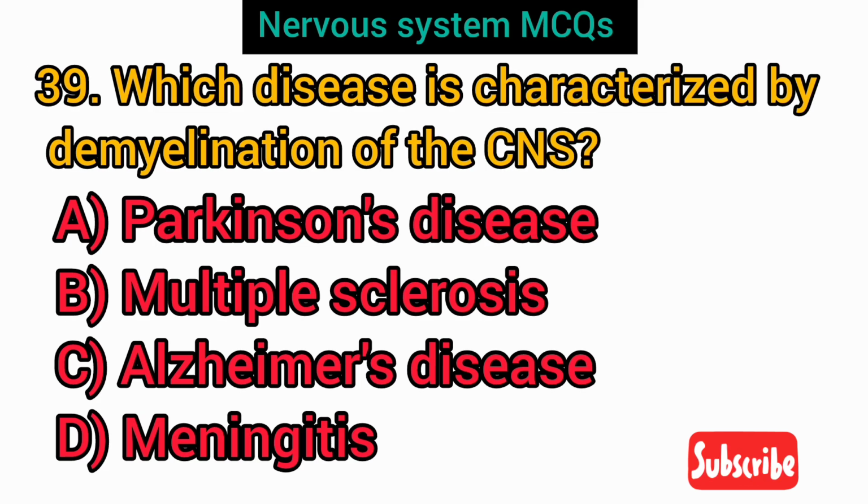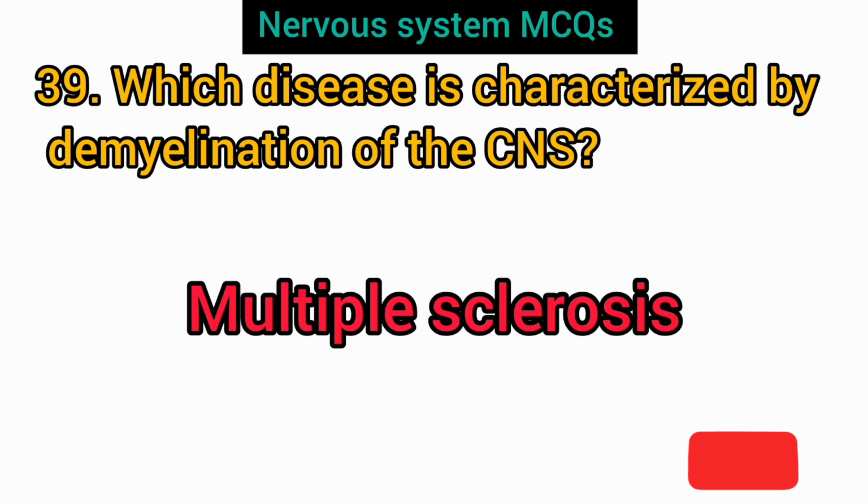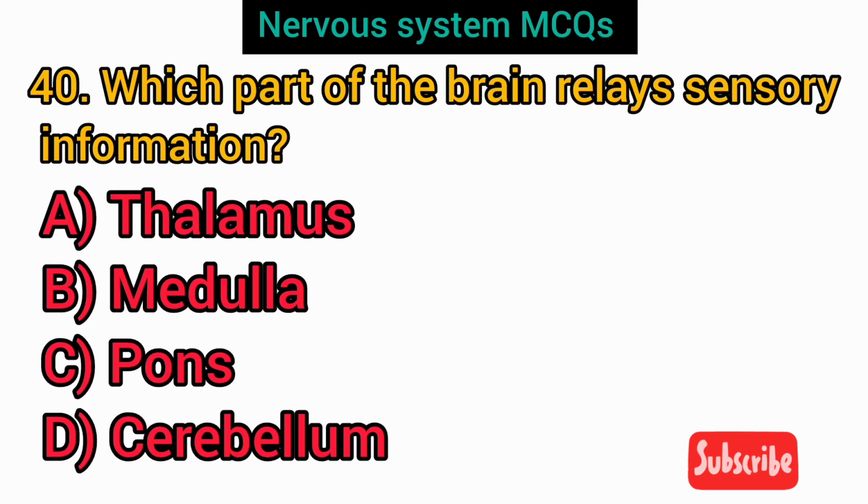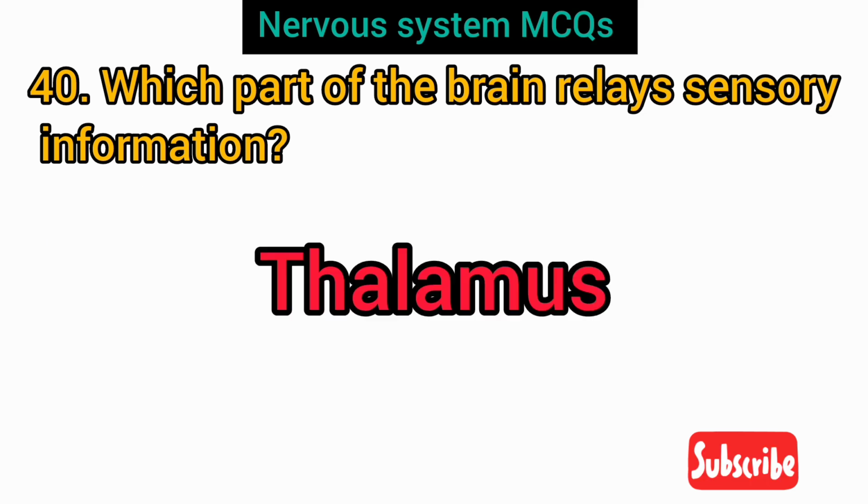Which disease is characterized by demyelination of the CNS? Multiple sclerosis. Which part of the brain relays sensory information? Thalamus.